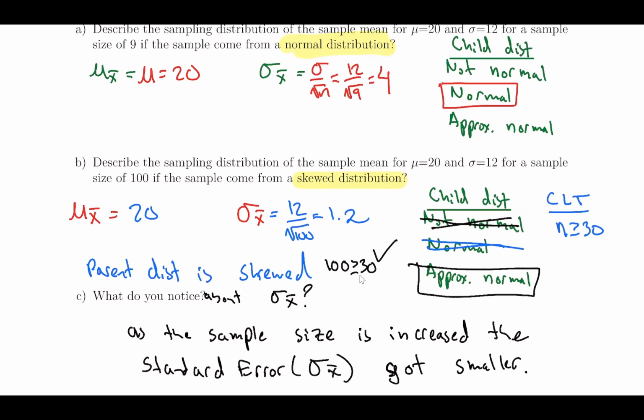Which just makes sense, because think about it, which sample size are you going to trust more? A sample size of 9, or a sample size of 100?